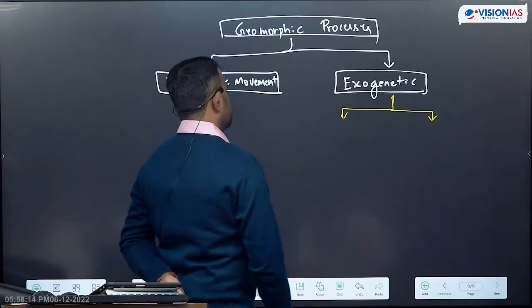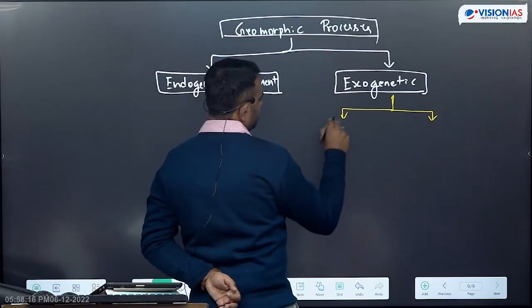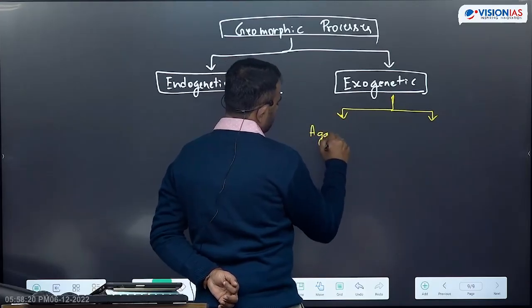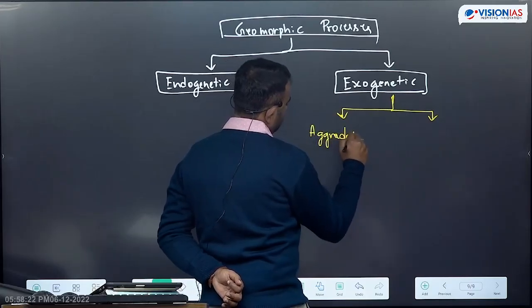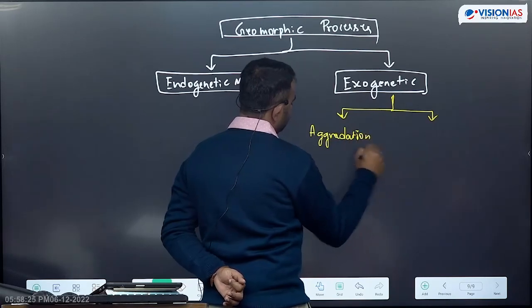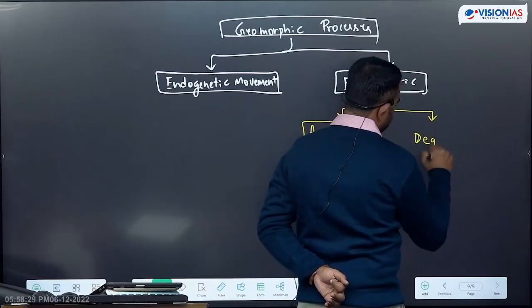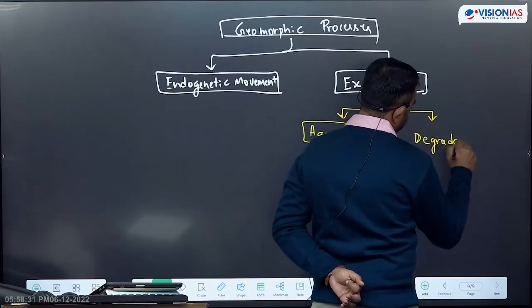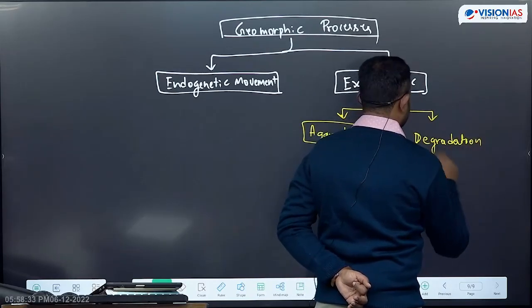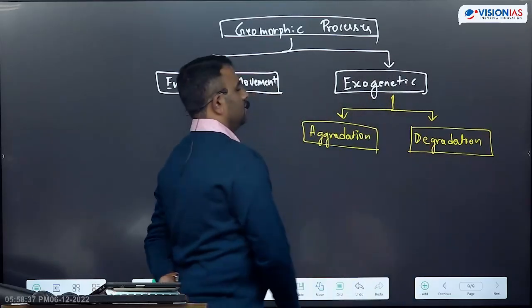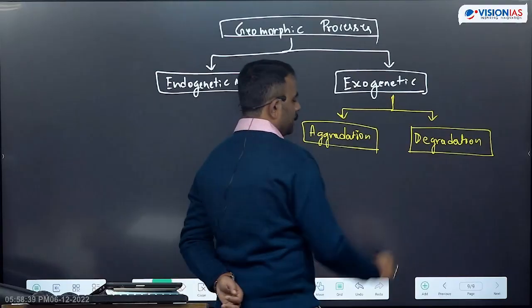Exogenetic movements are classified into two types. One is aggradation. Second one is degradation. Aggradation and degradation.